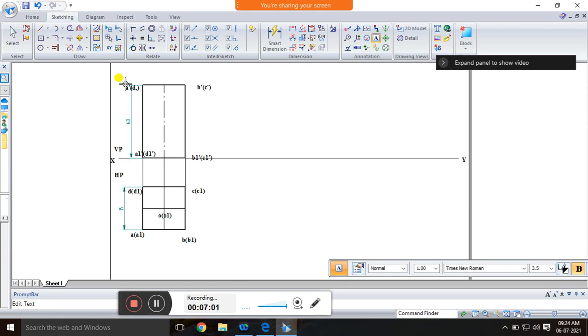So like this you have to make all the points, and similarly this O dash is not visible, and here O1 dash is also not visible. So these are the visible points and invisible points.